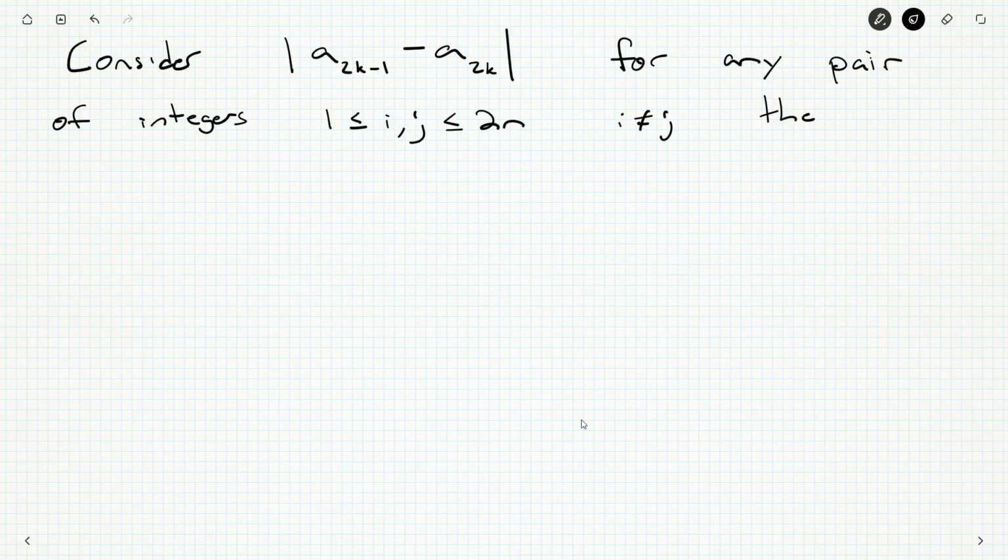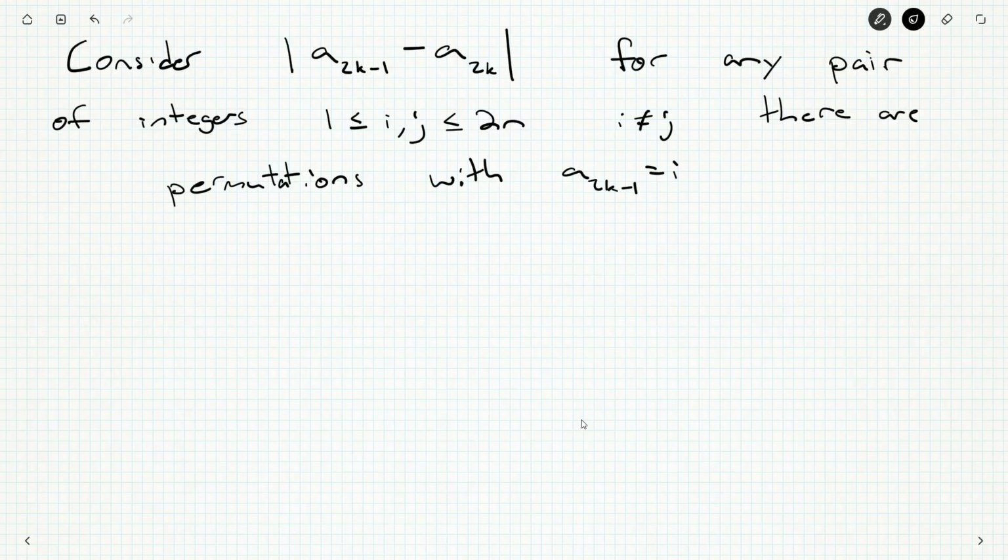So for any pair of integers, there are, I don't know how many, I'm going to leave that blank for a moment, that many permutations with A2k minus 1 equal to i, and A2k equal to j.